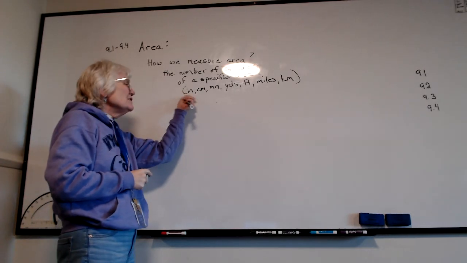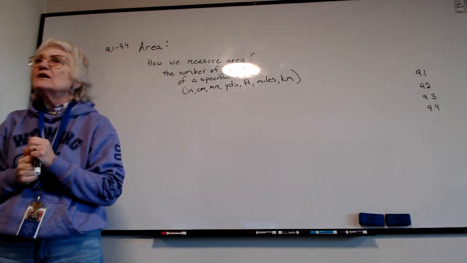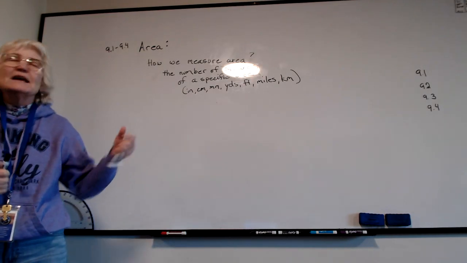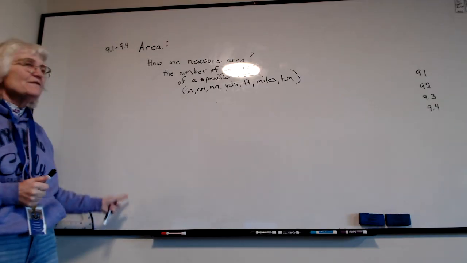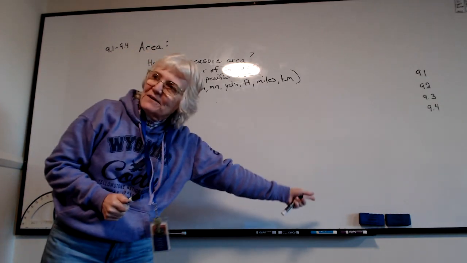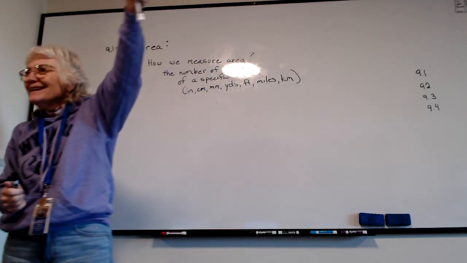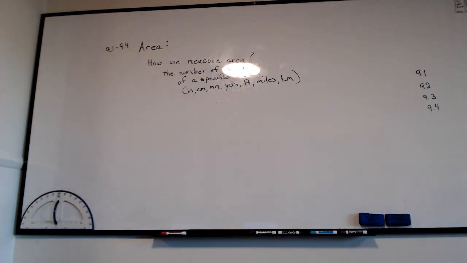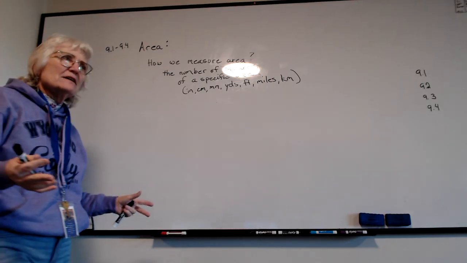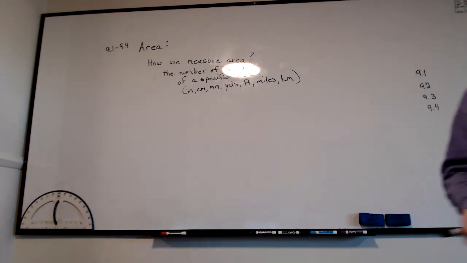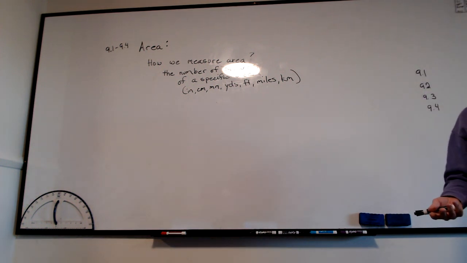Now I can draw inches a lot better than I can draw a yard up here. A square yard is pretty big. It's 3 feet by 3 feet, which is quite big. So when we're talking about square yards, that's a big area. If I tell you something is 97 square yards, that's a pretty good size, okay?